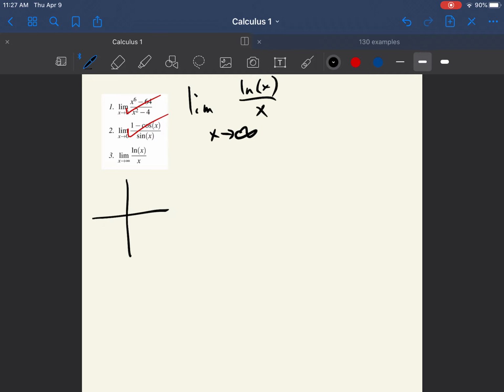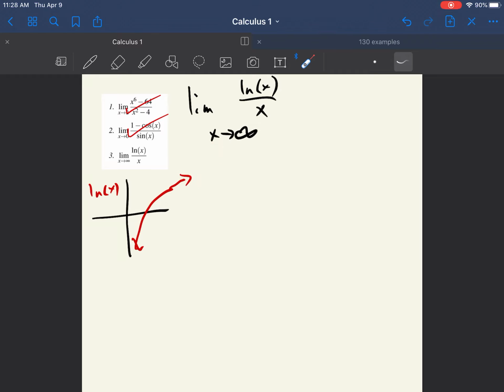Okay, so if we try to take the limit right away, so ln of x, right? So if you think about the graph of ln of x, it looks something like this. Okay, so this is ln of x. And so if your x's are going to infinity, then your y values, it's going to climb, right? It is going to get bigger and bigger. It gets bigger and bigger very slowly, but it does get bigger and bigger, right?